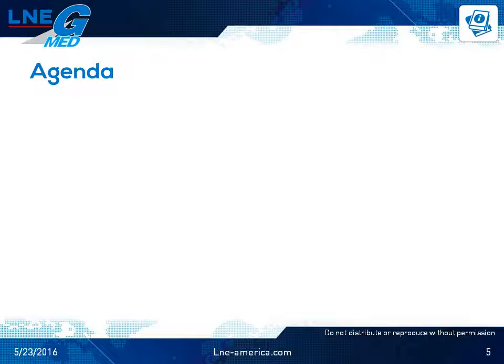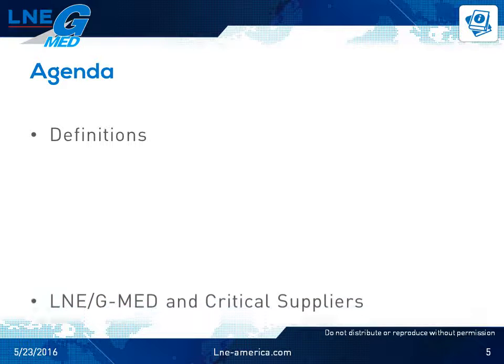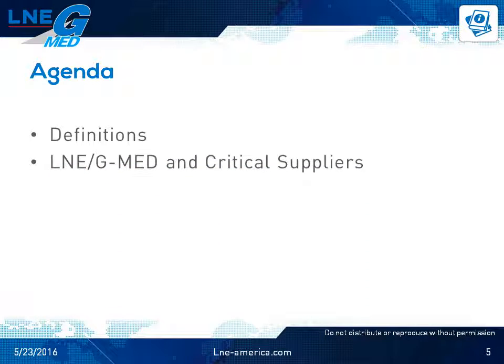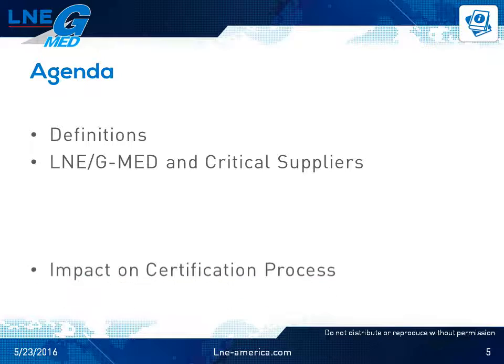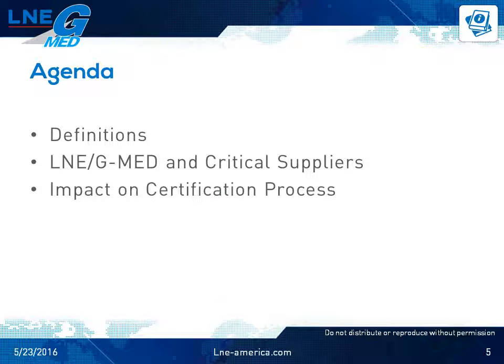Now let's take a look at what we are going to cover today. First of all, we will be looking at definitions. We will also look at our stance on critical suppliers and subcontractors. Then, we will look at the impact of critical suppliers on a legal manufacturer's certification process.